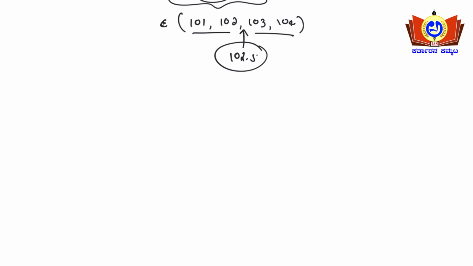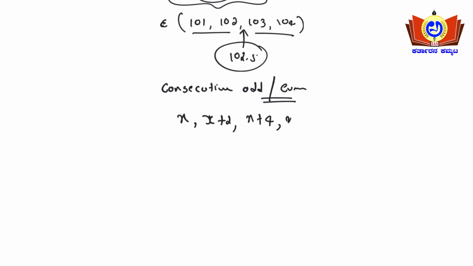Okay, so consecutive odd or consecutive even numbers. What is a consecutive odd number and a consecutive even number? x plus 2, x plus 4, x plus 6, and it goes on. See friends, actually we cannot say directly that this is consecutive odd or consecutive even.